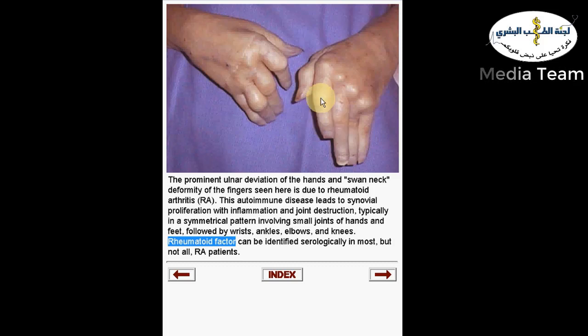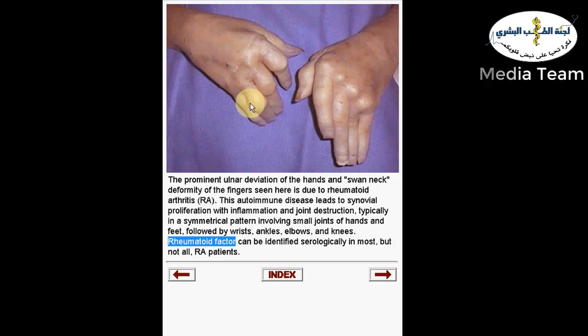If you look at the fingers here, they are fixed in this position. The joints are destroyed and swollen. If you look at her right hand, this joint is visibly swollen, and there is ulnar deviation, a deviation outward of the fingers. This is what we call ulnar deviation and swan neck deformity.